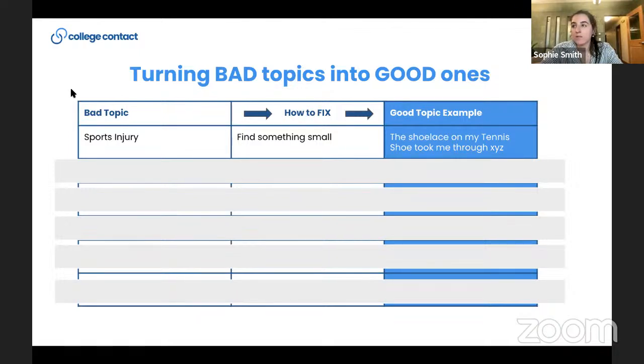One of the ways that I've suggested a lot of you make it more interesting, again, if you want to keep the topic, is to focus your essay around something small instead of telling us the whole big story. So instead of focusing your essay on the sports injury, how you overcame it, all this stuff, can you pick something small?